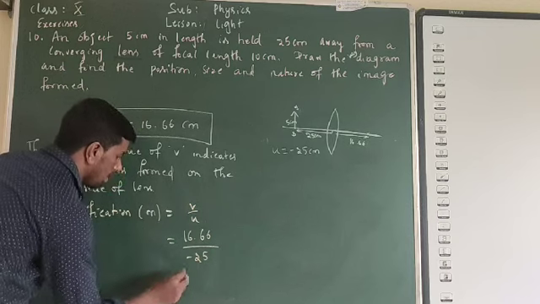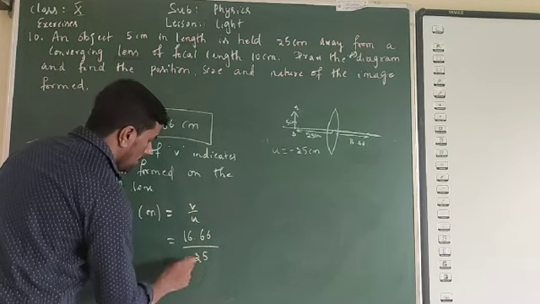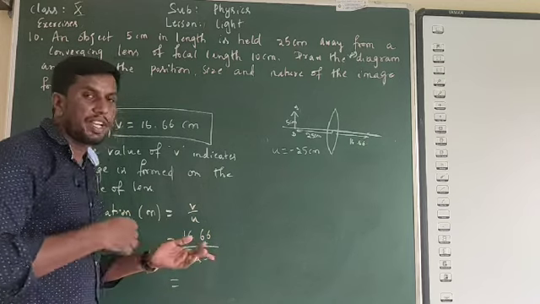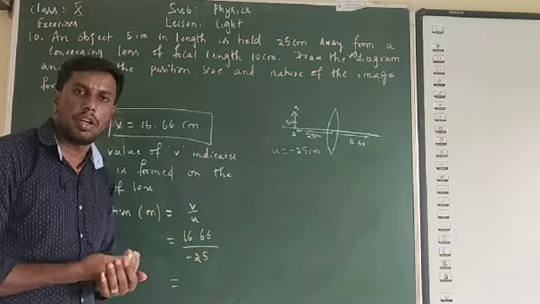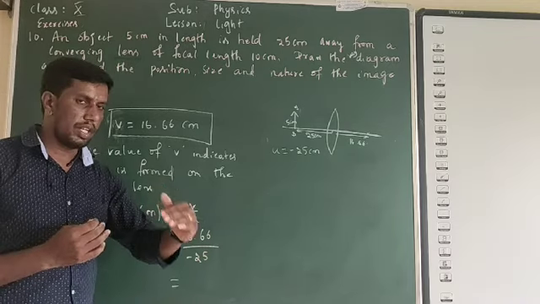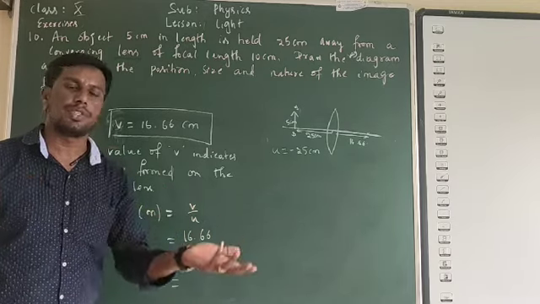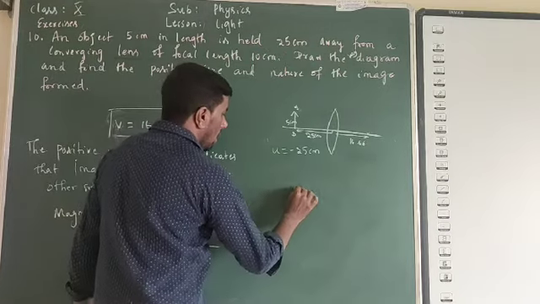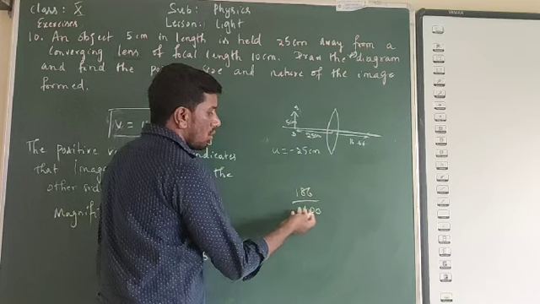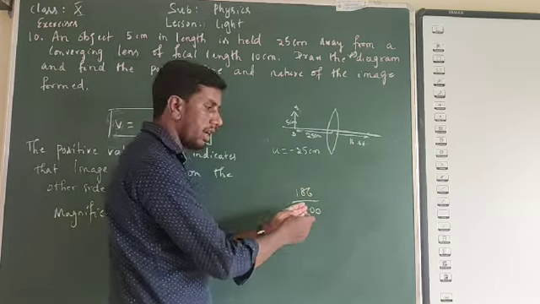We will simplify this. So how to simplify this? In the denominator we have 25 and 16.66. We will make the denominator 100. Then it's very easy to divide. If the denominator is 10, 100, 1000, then it's very easy to divide. Suppose I have 186 divided by 100. No need to divide 186 by 100.